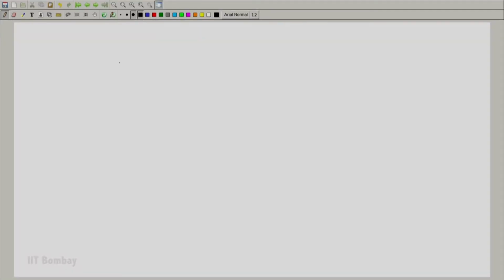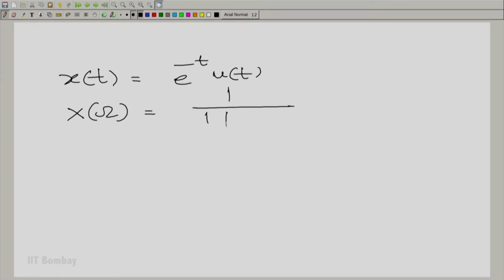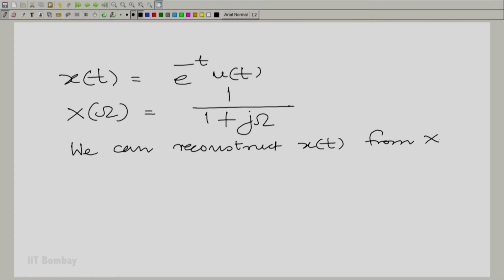So, take the signal again, x(t) is e raised to the power minus t u(t). We know the Fourier transform, which we can write as capital X of omega, or X of j omega, whatever, let us not be too fussy about notation. We can reconstruct x(t) from capital X(omega), and you know how to reconstruct, we have done that in module 2.